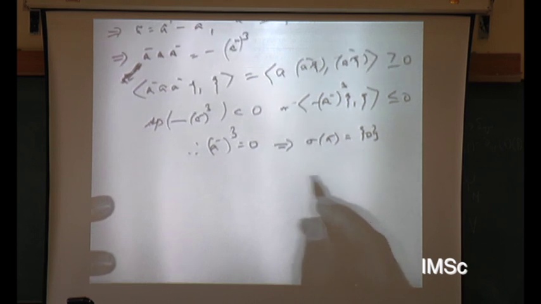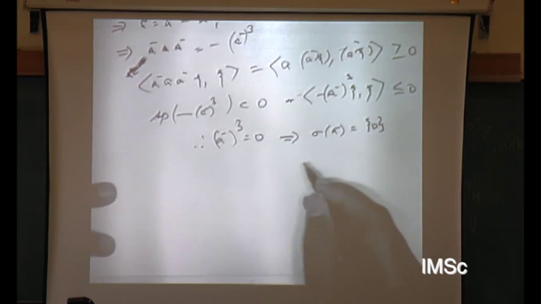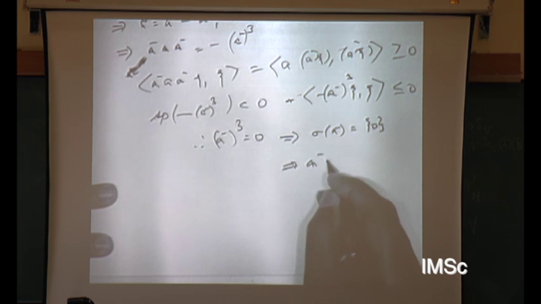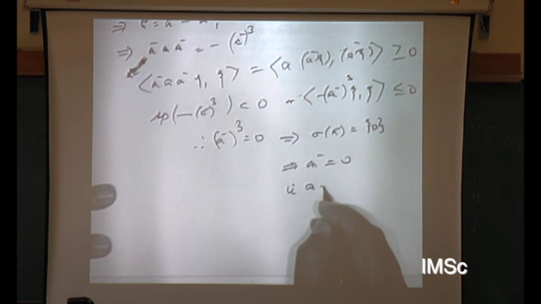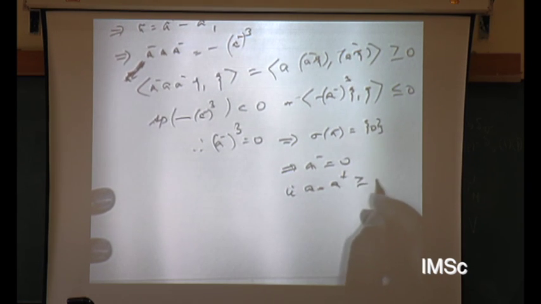Right? Because of self-adjointness. And so we conclude finally that A minus is 0, i.e. A equals A plus, is positive.